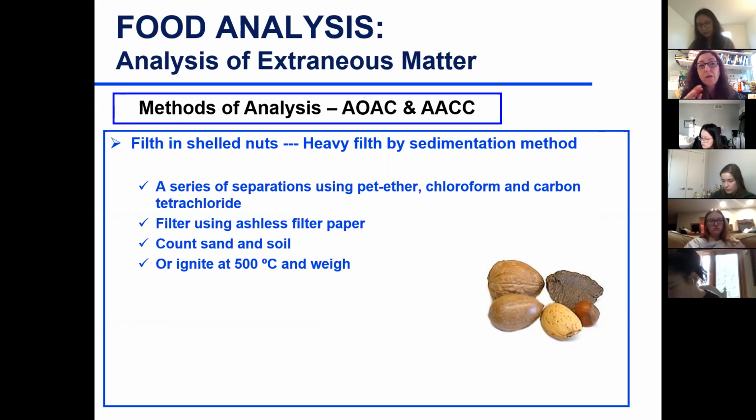The heavy filth meaning any soil or dirt, or shells that you have, which are not supposed to be in the shelled nuts. So filter the sediment using ashless filter paper. You can either count under the microscope, or you can ignite or ash, that means in a muffle furnace at 500 degrees C, and then you weigh the ash, because these are inorganic matter.